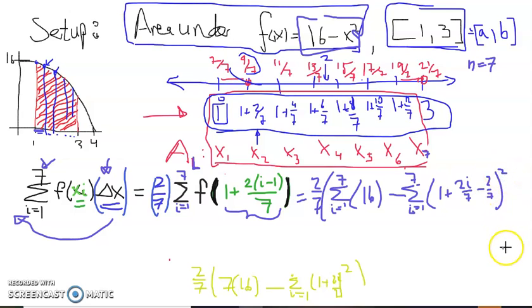Now, the reason I'm doing that is because we actually need to calculate this, and that's the annoying part. So maybe let's combine everything. Let's, off to the side, figure out what that is going to be.